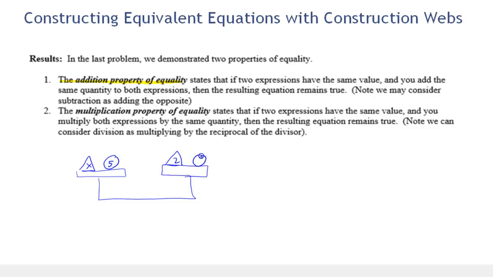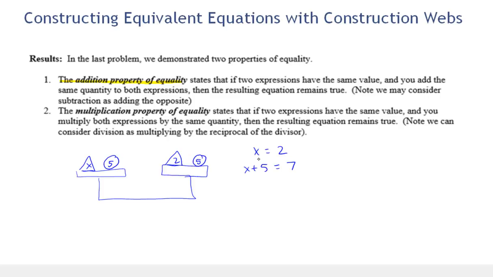So I'm going to add 5 to both sides of the equation, and the equation is still true. So we did this when we built construction webs. So we started with x equals 2. Now we changed it to x plus 5 equals 2 plus 5, which is 7. Notice they're different equations, but they're equivalent equations because they have the same solution, namely 2.